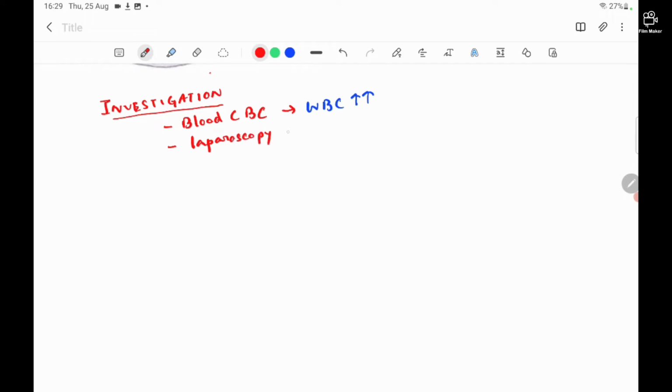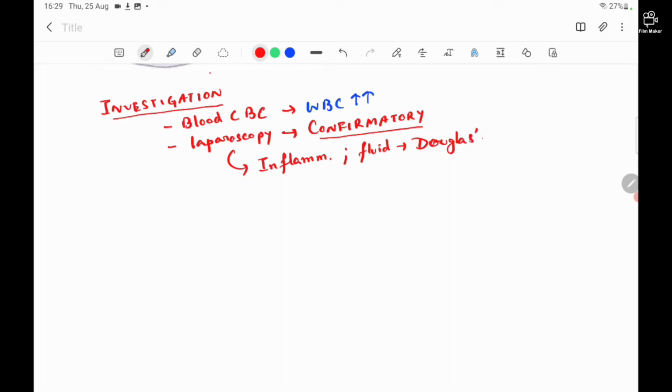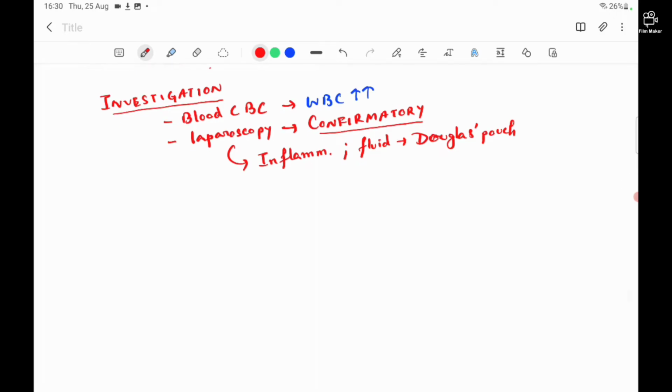This is a confirmatory test. Why? Because through laparoscopy you can find inflammation. What else? You might see fluid in the Douglas pouch, and other peculiarities which are to be observed in any inflammatory disease.